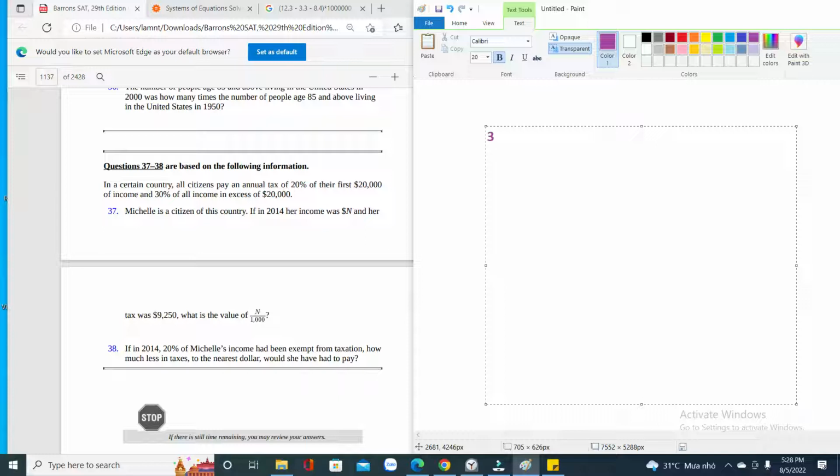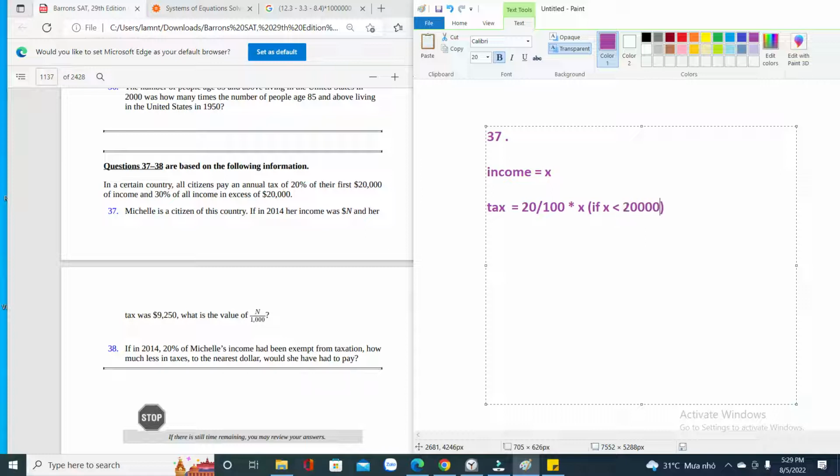Okay, so 37. If income is x, then tax is going to be 20% times x if x is less than 20,000.